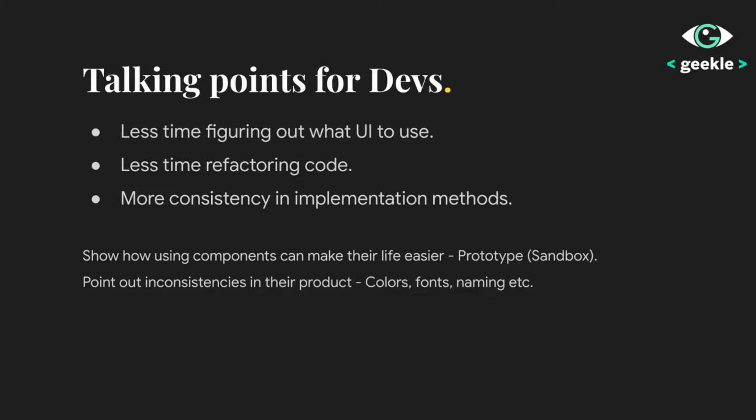To help them with those specific points, you can show them how using components can make their life easier. Just create a prototype, do sandboxing, maybe use Material Design or Ant Design as the base of your system, and build something on top of it.